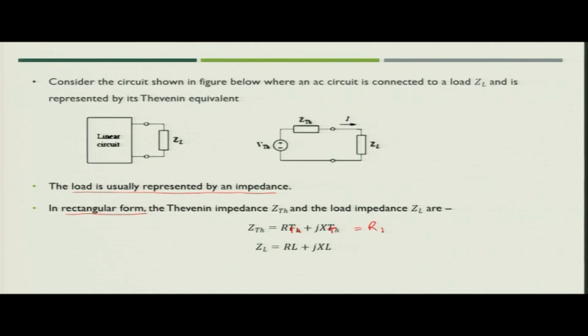So ZTH and ZL can be divided into the resistance and the reactance components.